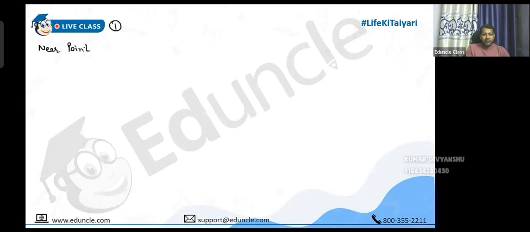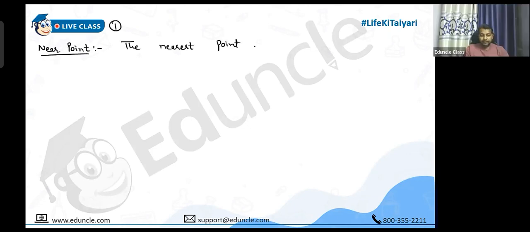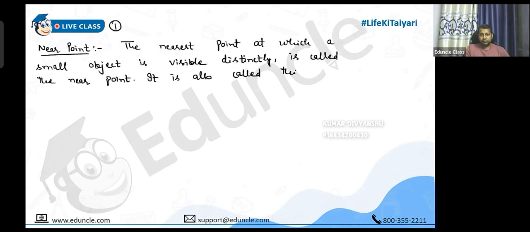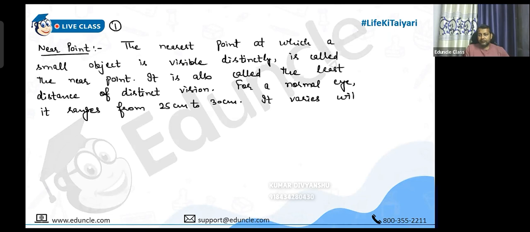What is the near point of a normal human eye? Anyone? 25 centimeters. So it is the nearest point at which a small object is visible distinctly (25 to 30 centimeters), and it varies with the age of the person.